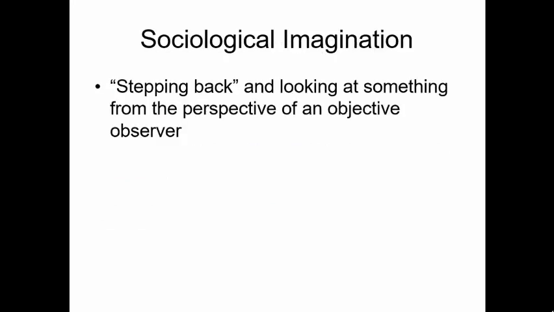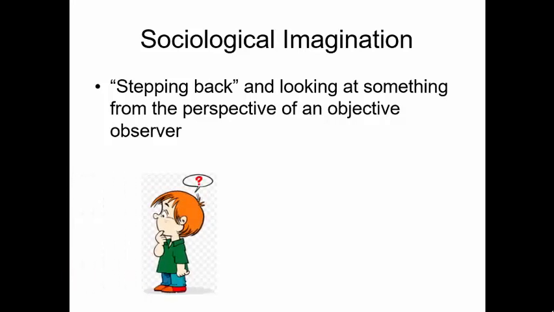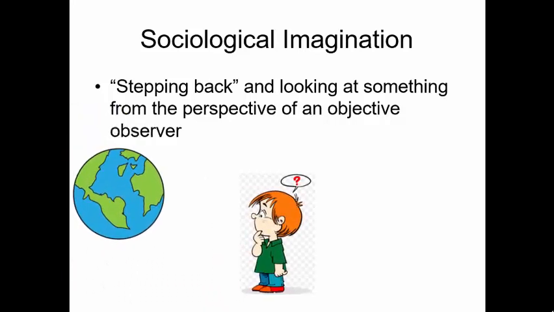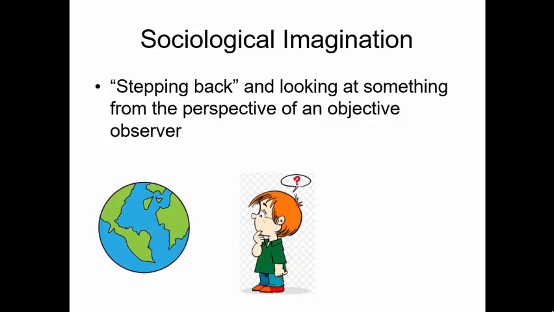A good point that I bring up in all of my classes is something called sociological imagination. It could be called other things, but basically what you're doing using sociological imagination is to step back and look at something from the perspective of an objective observer.